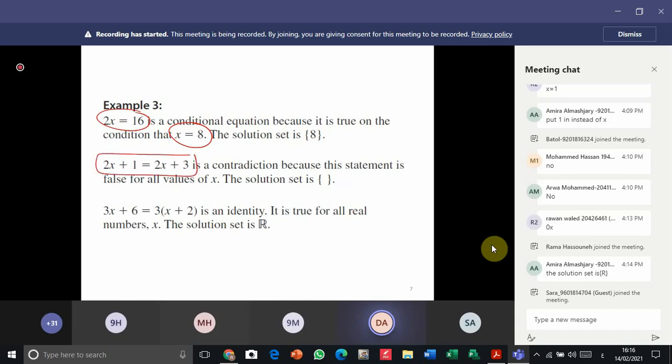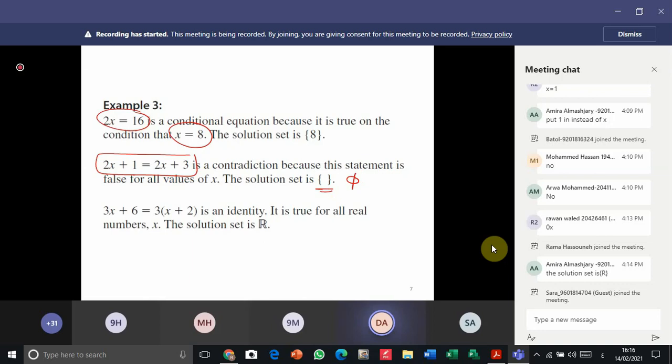This is a contradiction. Why? Because we have 2x, but plus 1 and plus 3. So this is impossible, the two sides are not equal. So the solution is the empty set. This is the type of equation called contradiction.